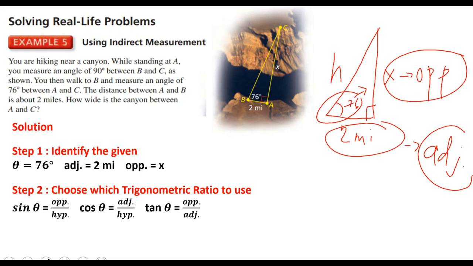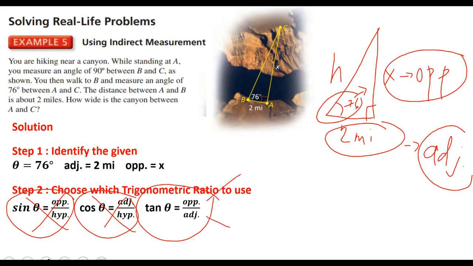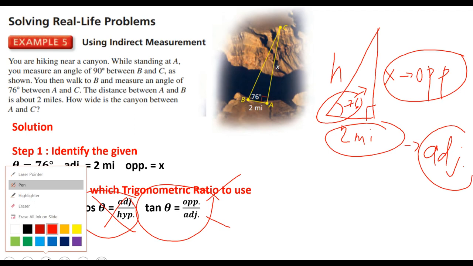For sine, you have opposite and hypotenuse, so we will not be using that. For cosine, we have adjacent and hypotenuse, so we cannot use that. So it's very obvious that we will be using tangent because we have here the ratio of your opposite and your adjacent. There, so we will be using tangent to solve that problem.